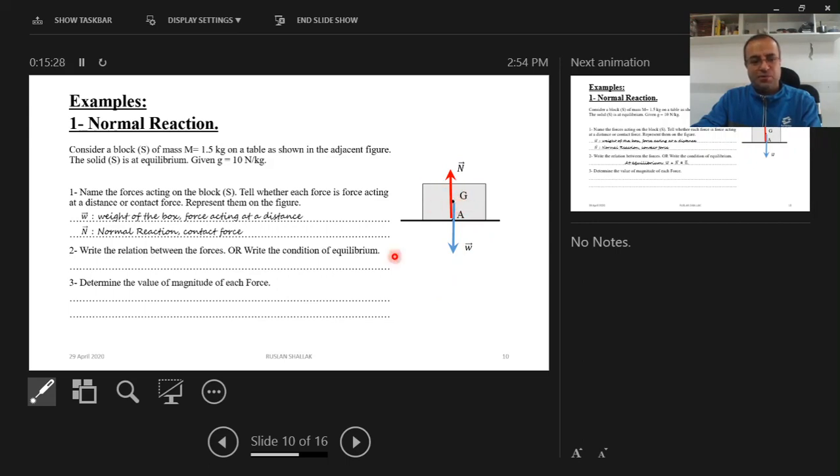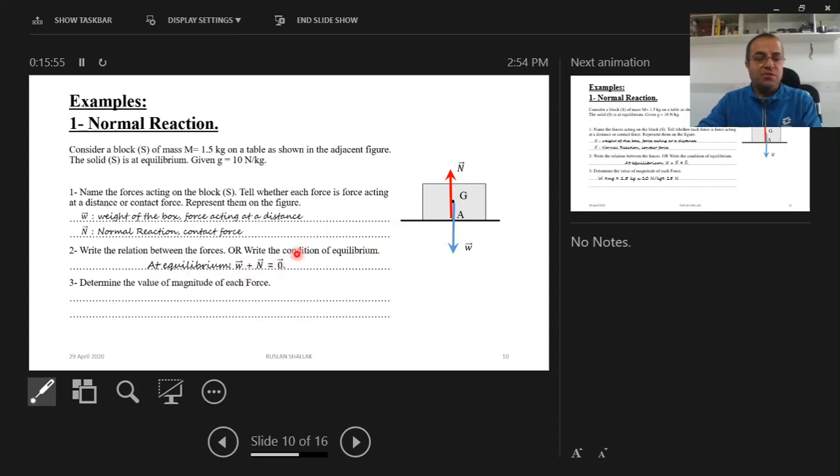Okay? Write the relation between the forces, or write the condition of equilibrium. So we say here that these two forces have the same line of action, which is vertical, same magnitude, but opposite directions. So we say that at equilibrium, W plus N equals 0 vector.